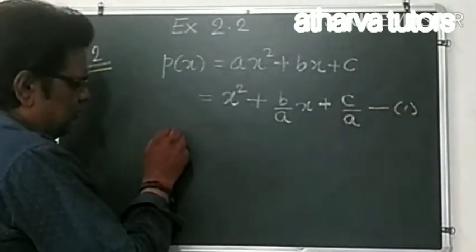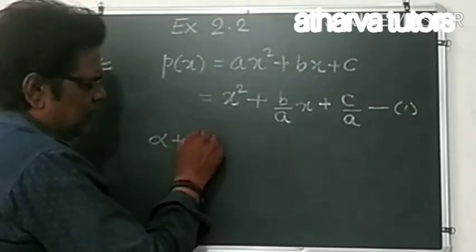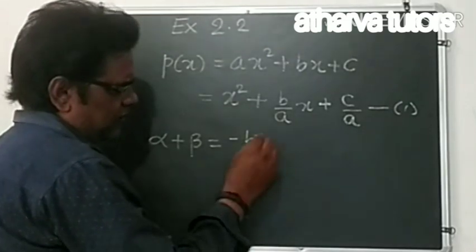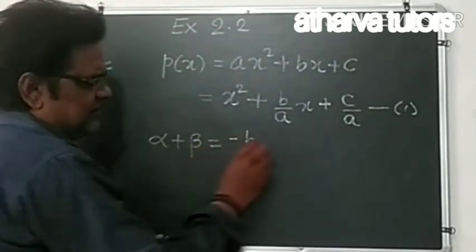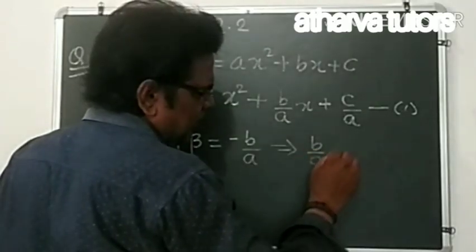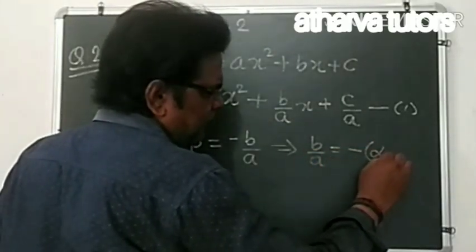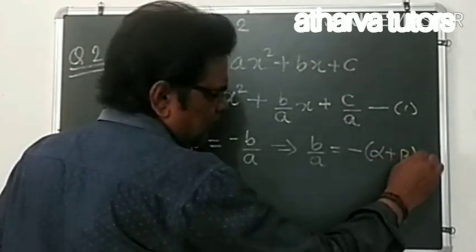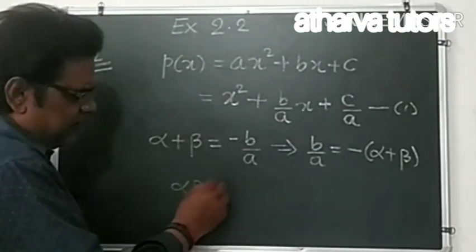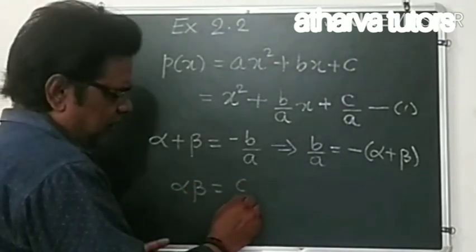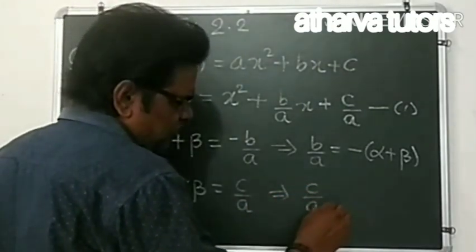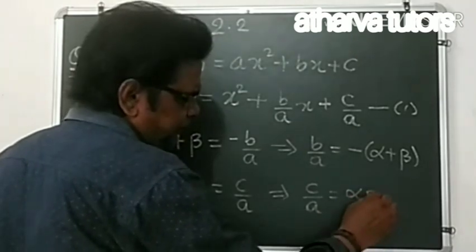Now you know that the sum of roots, alpha plus beta, is equal to minus b upon a. So b upon a equals minus of alpha plus beta. And we have the product of roots, alpha beta, equals c upon a. So c upon a equals alpha beta.